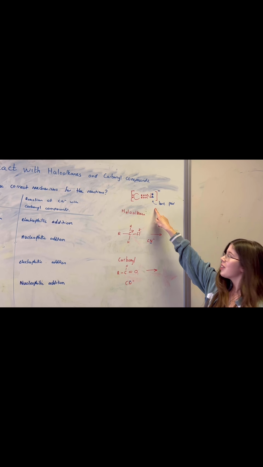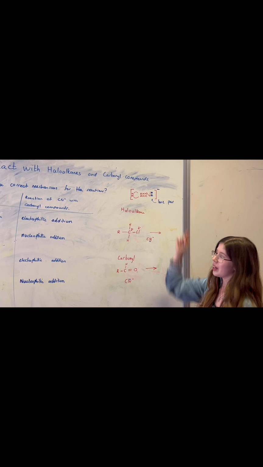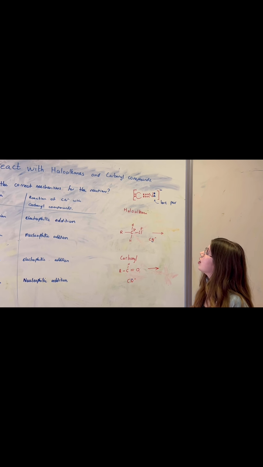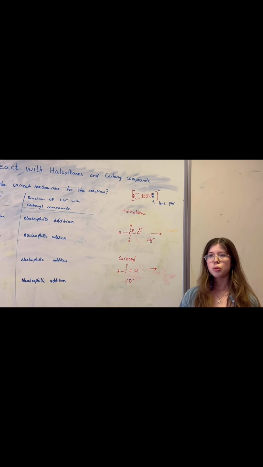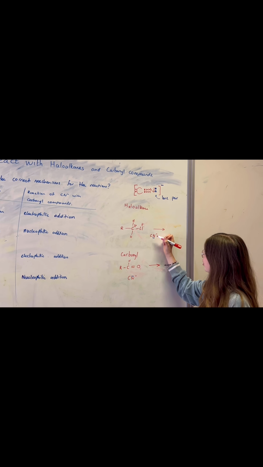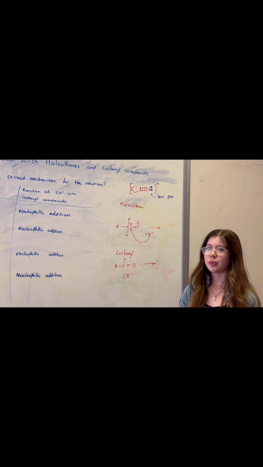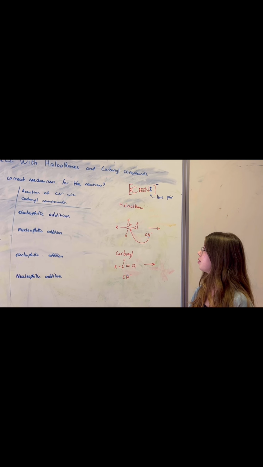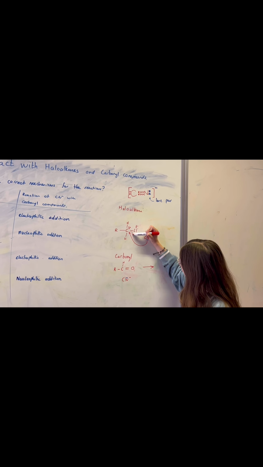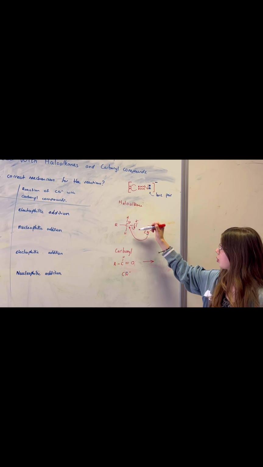As you can see here, we've got an extra electron, which is why it's a negative ion, and the lone pair on the nitrogen. So what's going to happen is the lone pair on the nitrogen is going to attack the carbon, which is where there's the delta positive, and then the lone pair from the covalent bond is going to move to the chlorine.